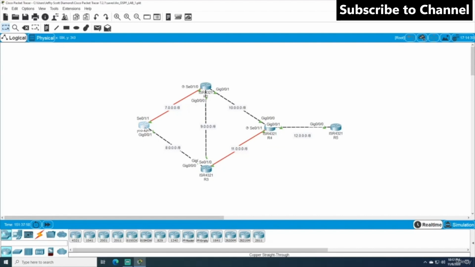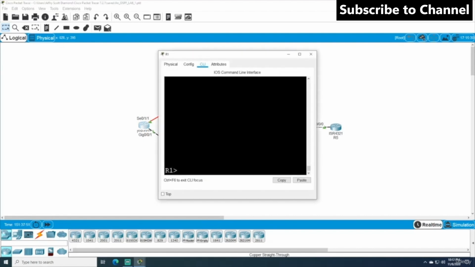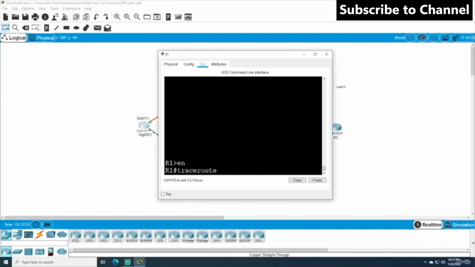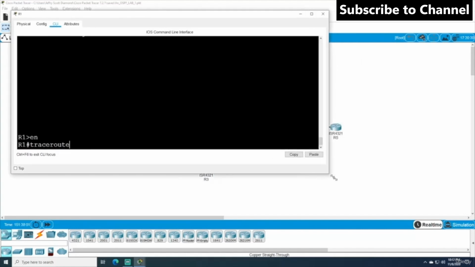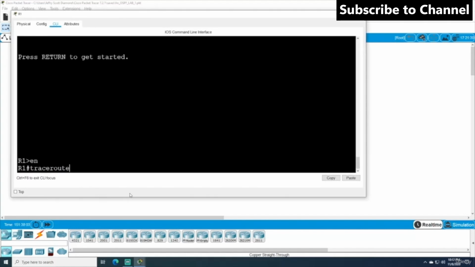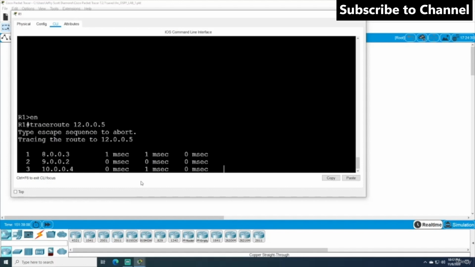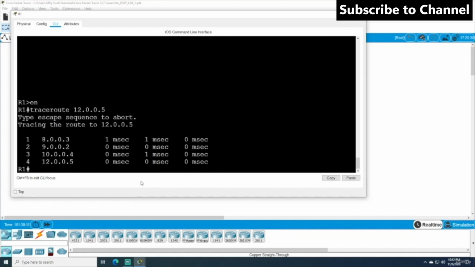Let's log back into router 1, because I want to show you something that's pretty interesting. It's another way to verify connectivity and see how OSPF calculates the shortest path, or opens the shortest path, as it were. If we do a trace route back to router 5 from router 1, we can see that we're passing through router 3.